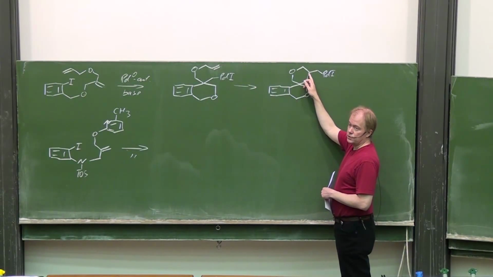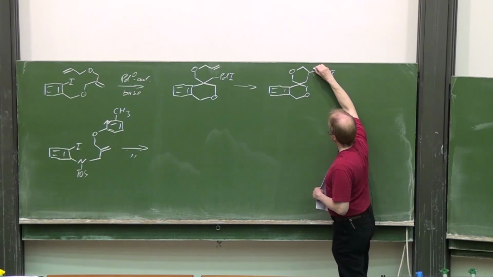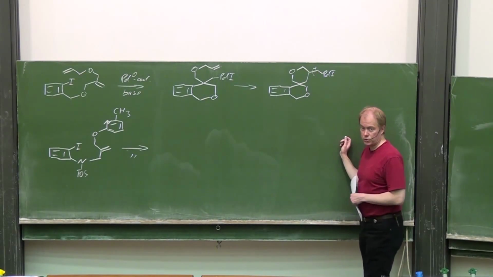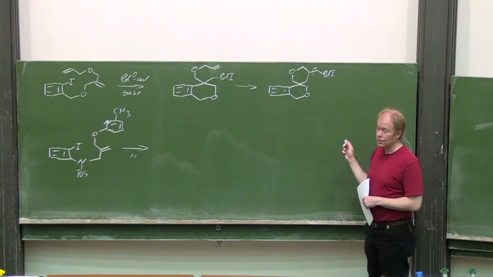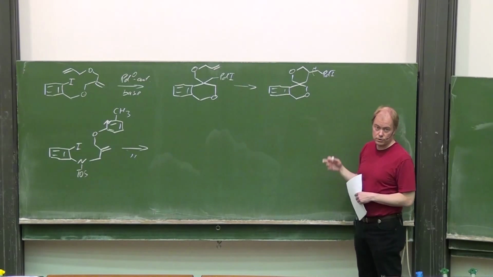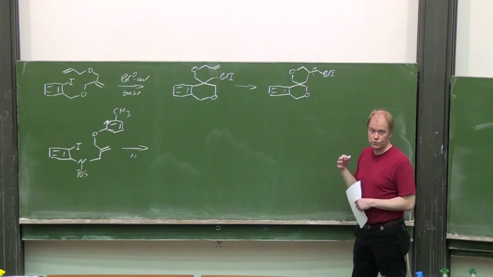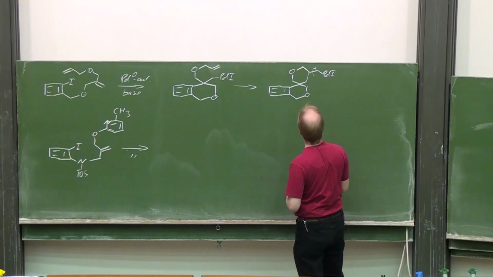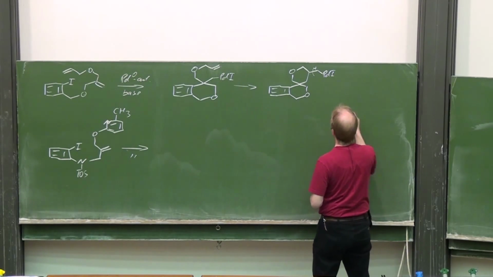Now there is no problem in performing a beta hydride elimination, since this CC bond can rotate and the palladium and the hydrogen can adopt a syn periplanar position.